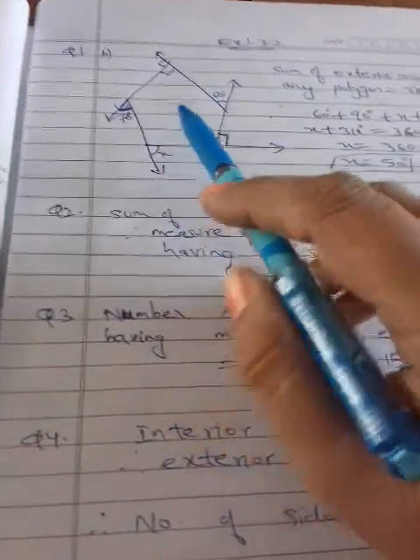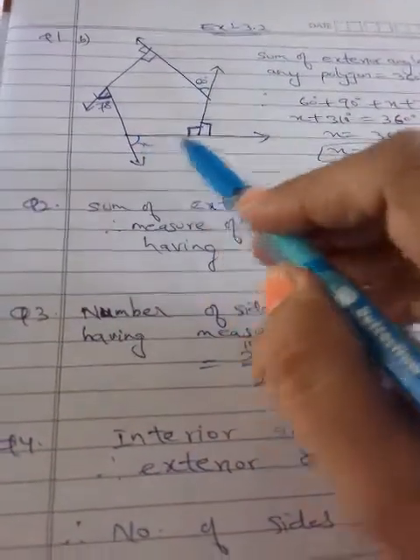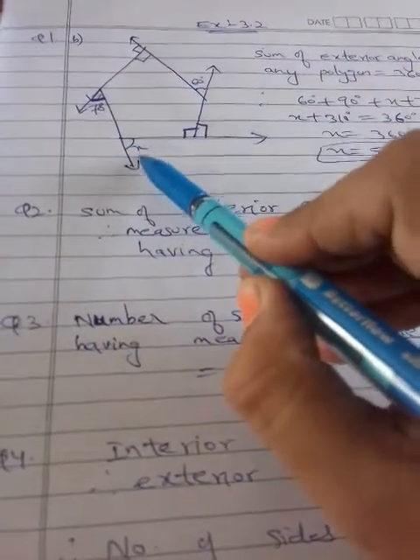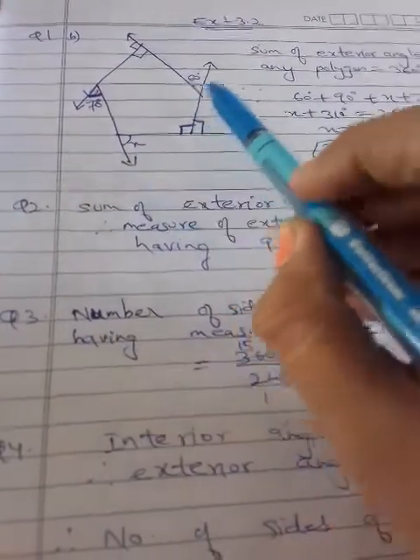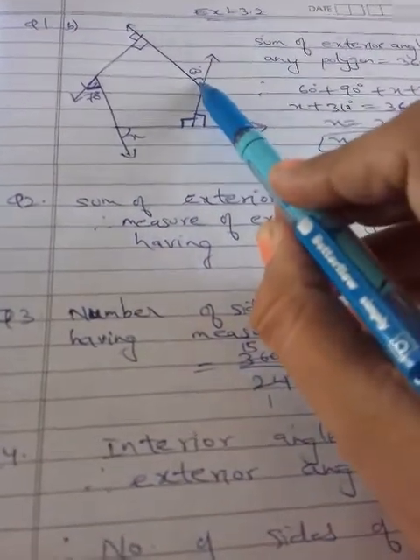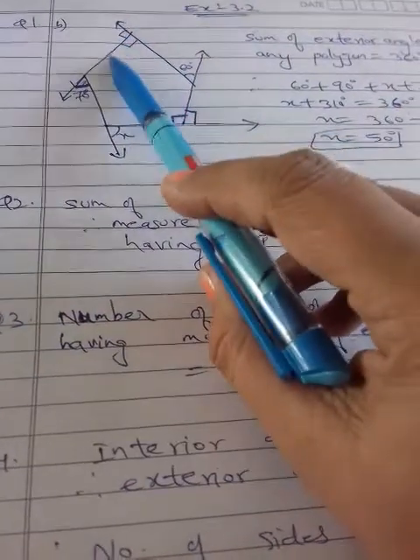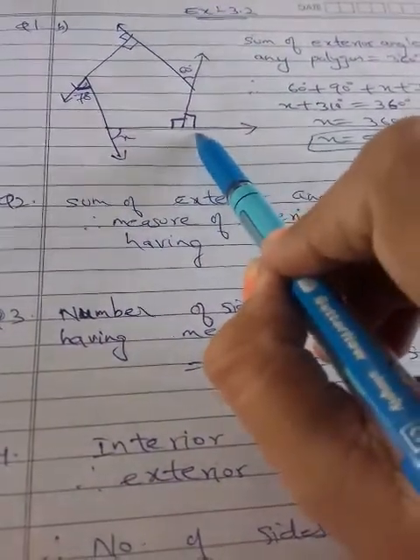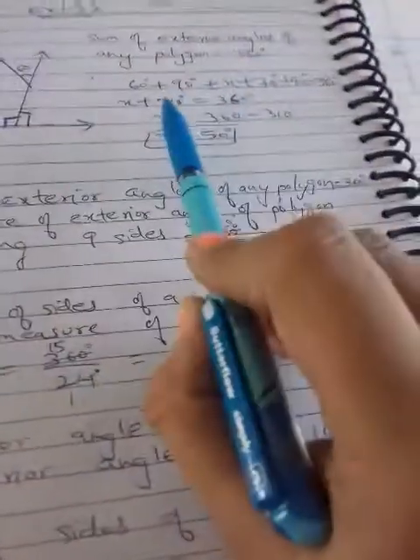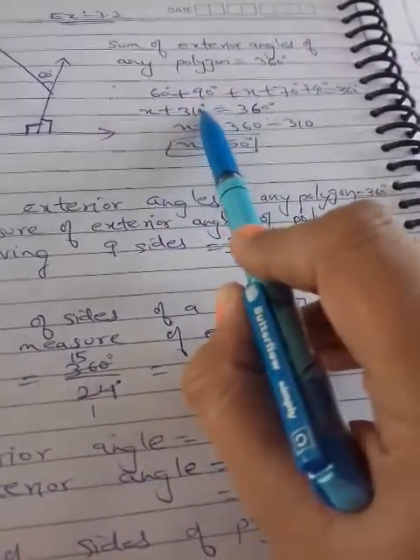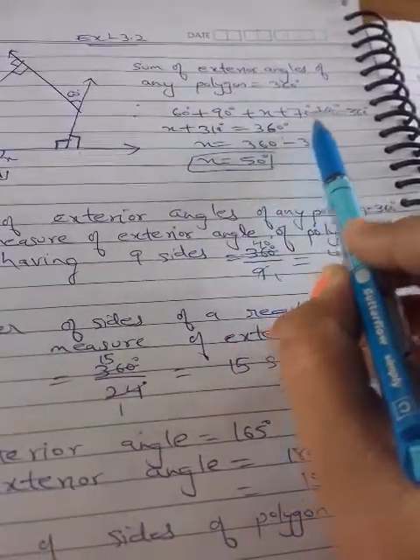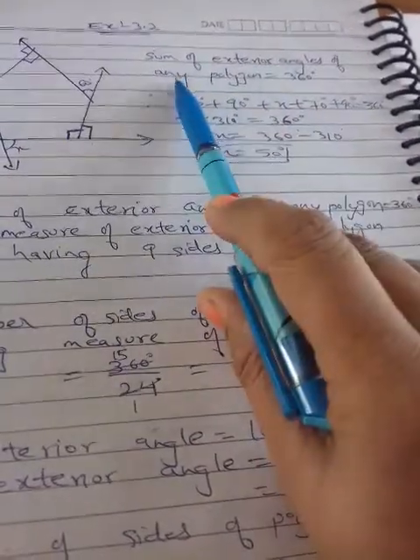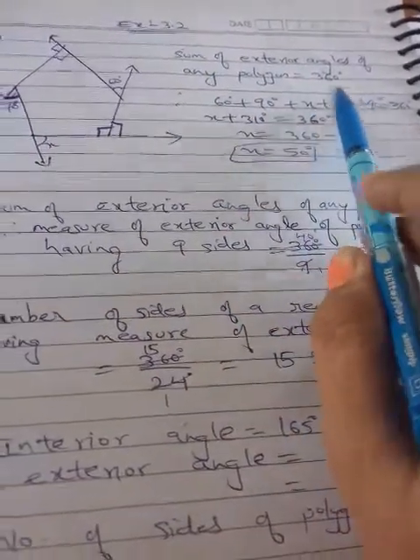So, first question, B part, I am solving for you. In this, we have to find the value of x. We are given the exterior angles 60 degrees, 90 degrees, 70 degrees, this is x and this is again 90 degrees. What we will do? 60 degrees plus 90 degrees plus x plus 70 plus 90 is equal to 360 degrees, because the sum of exterior angles of any polygon is 360 degrees.